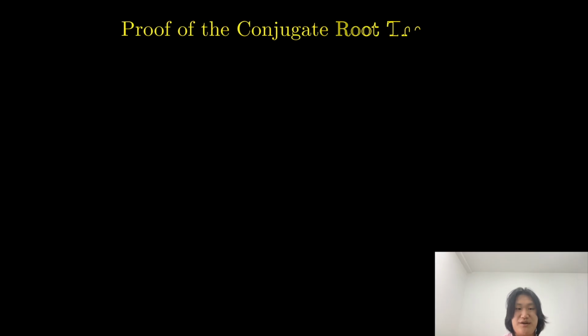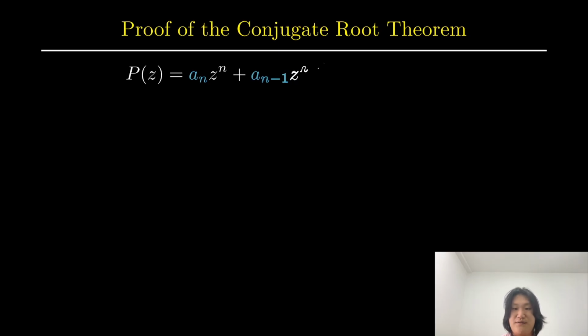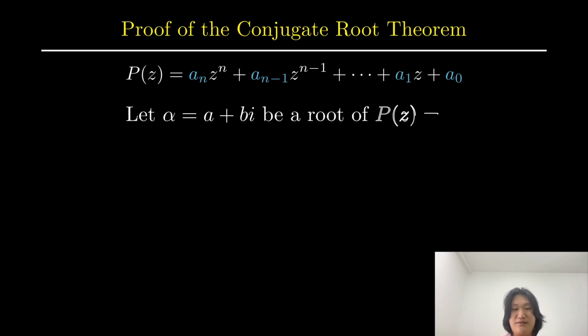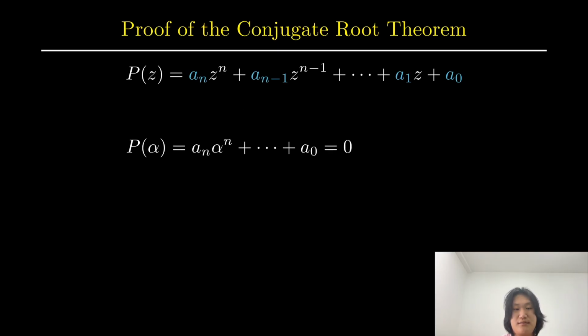Now I'm going to show you how to prove the conjugate root theorem. First, we think about a polynomial p of z where all the coefficients are real. We consider alpha equals a plus bi to be a root of p of z equals 0. When we plug alpha into the polynomial, we get p of alpha equals 0.